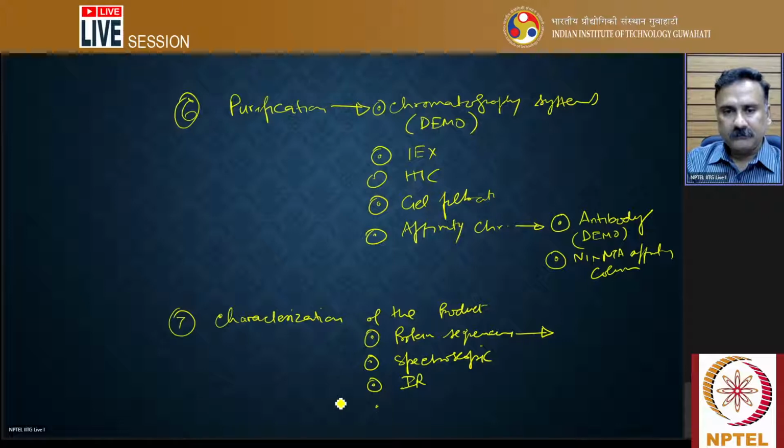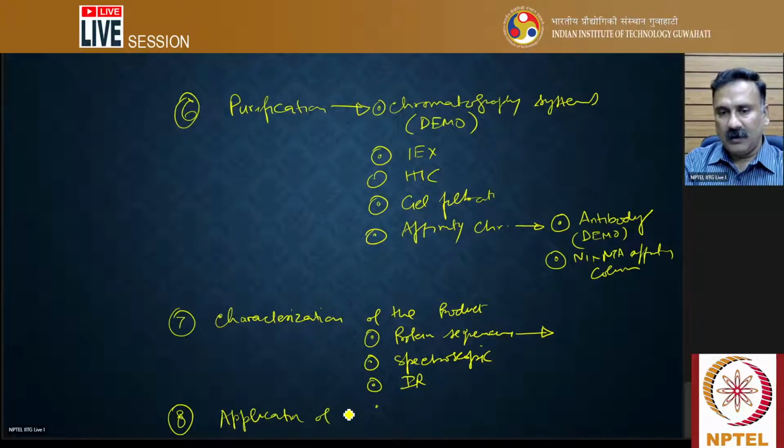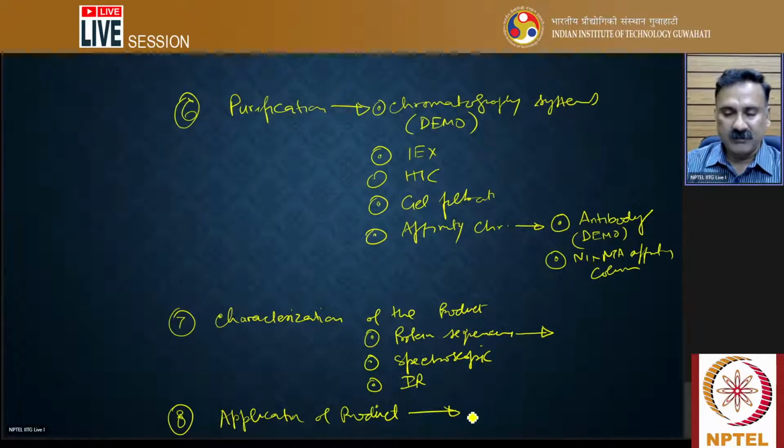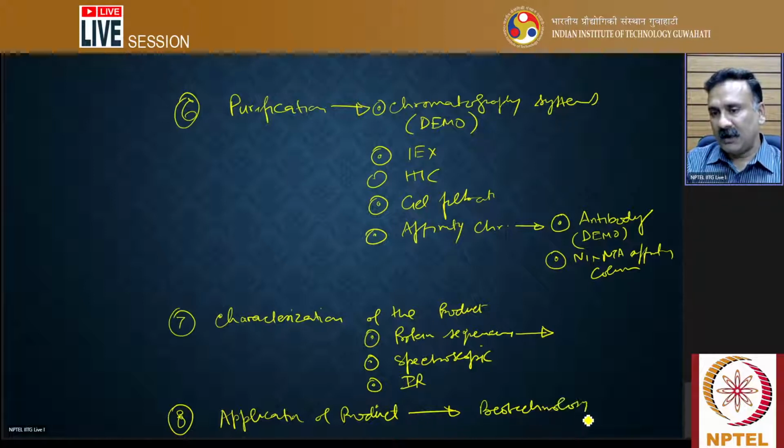And once the characterization is done, then we have also discussed the application of the product in context to biotechnology. So we have discussed the various types of applications of the product in the field of biotechnology. We have also discussed some of the advancements in biotechnology, where we discussed artificial inseminations and all that.